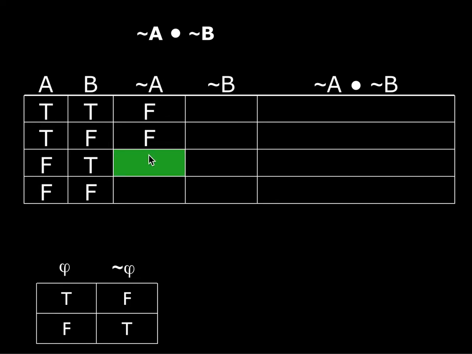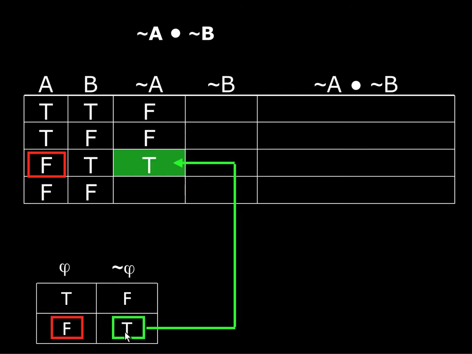Here, not A is a negation. What's the negated statement? The negated statement is A. And here it's false in row 3. Well, if the negated statement is false, the negation is true, right? Here's the negated statement. It's false. When the negated statement is false, the negation is true. So I'm going to put a true up there in that cell.